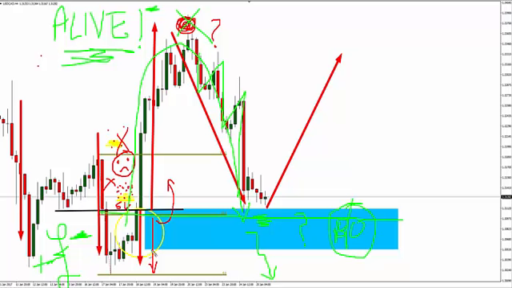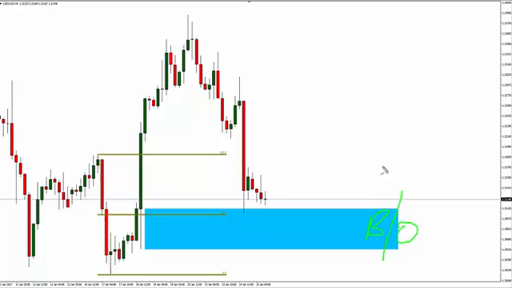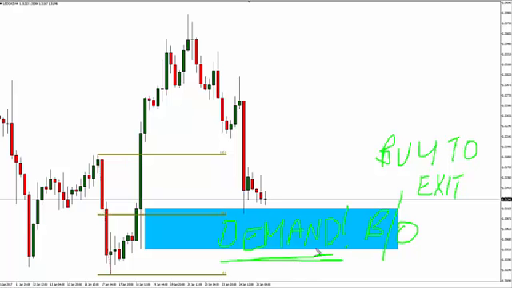And if you were in that situation and you were a seller originally at the area where we suggest, if you sold in there, in order to exit over here at break even, the transaction you must execute to do that, to exit, is you must buy to exit. Alright, so that's going to create demand in here.